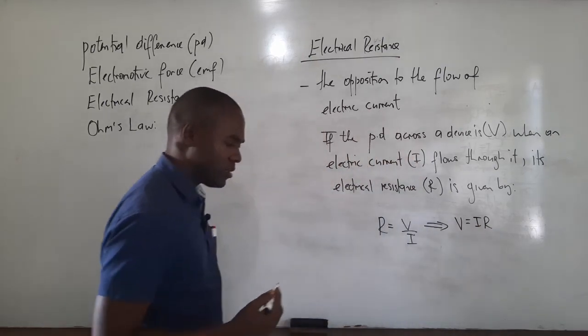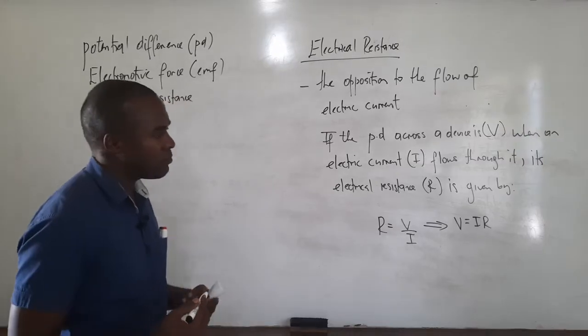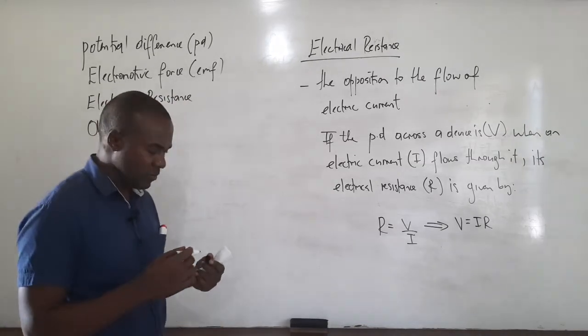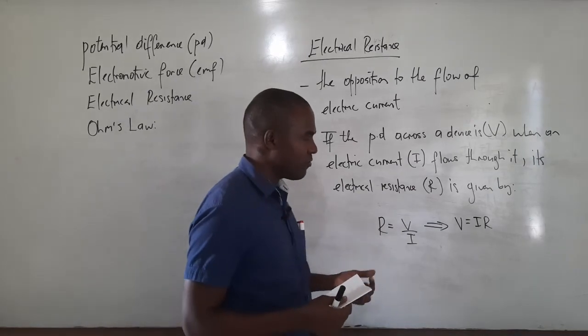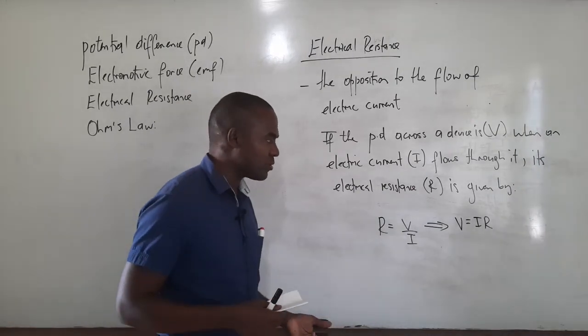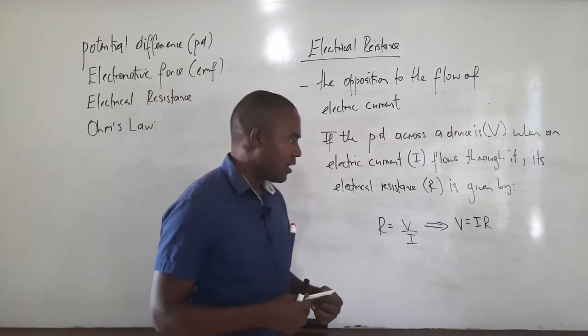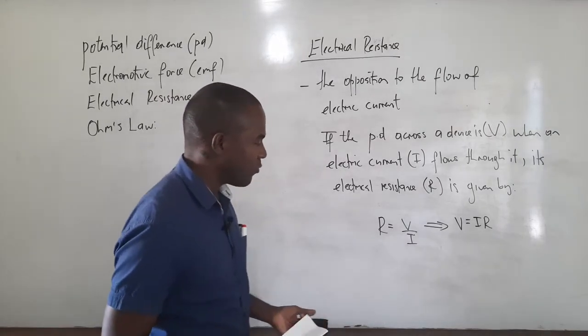Now this equation is occasionally referred to as Ohm's law, but of course if you're ever asked to state Ohm's law, you must state the worded form of the law and not write down the equation, all right? So this equation occurs as a consequence of Ohm's law.